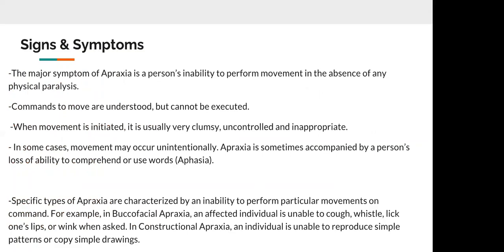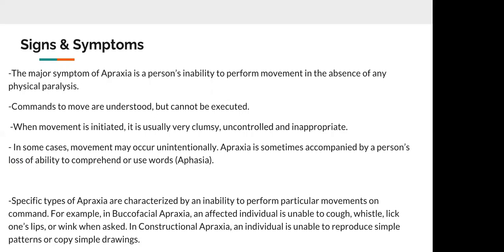So, signs and symptoms of apraxia. As I said, apraxia is a person's inability to perform movement in the absence of any physical paralysis. For example, he can understand what he wants to do, but he can't do it. When movement is initiated, it's usually very clumsy, uncontrolled, unsuitable.